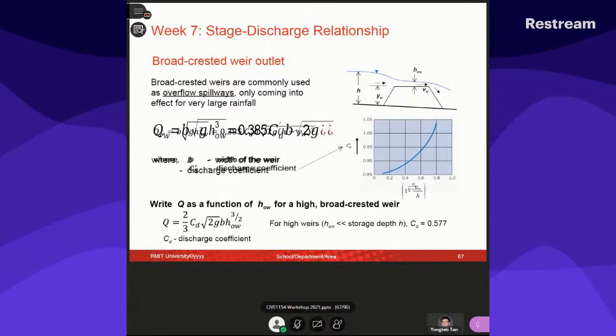I made some updates because the previous one had some confusion of the terms used. The coefficient in the previous versions, the weir coefficient, I think is not correct after checking the reference books.